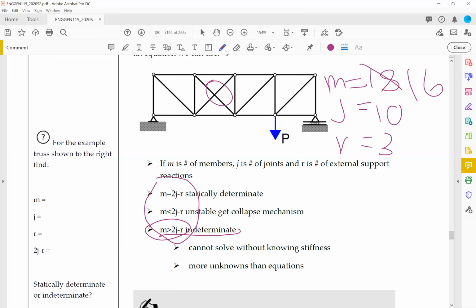And so we would have this case right here, where M is less than 2J minus R, meaning that the truss will collapse. What we want in our truss is this case, where M equals 2J minus R. And in your assignment, that's a requirement for you.